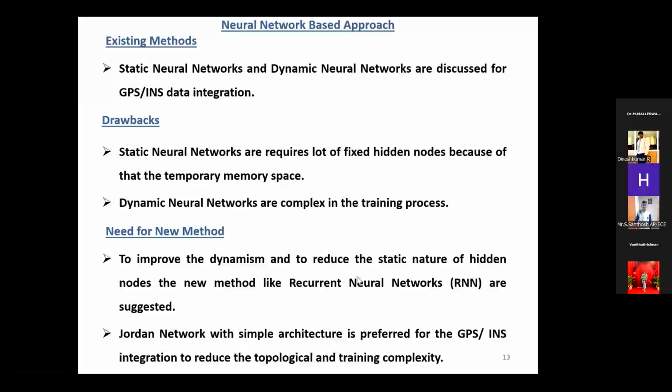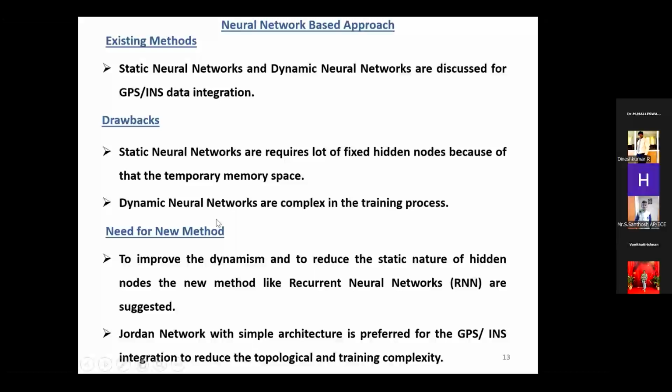All those neural networks have nodes like input nodes, hidden nodes and output nodes in a static form. Because of this static nature, they are not able to perform flexible and dynamic operations. As I said, static neural networks require a lot of fixed hidden nodes, and because of that they need temporary memory space. Dynamic neural networks are complex in the training process.